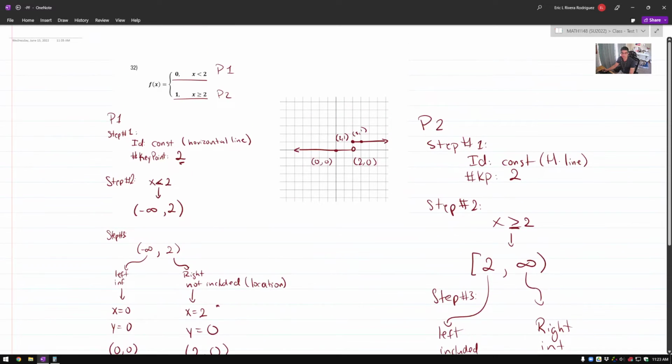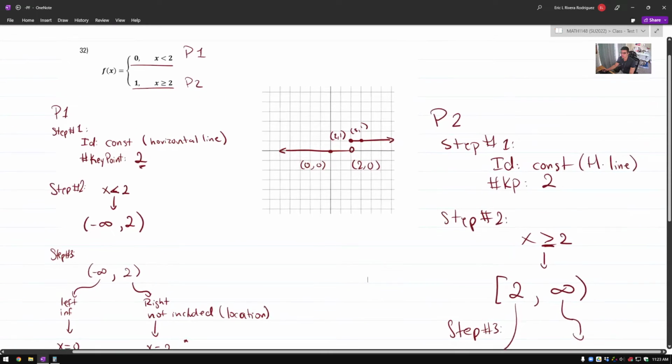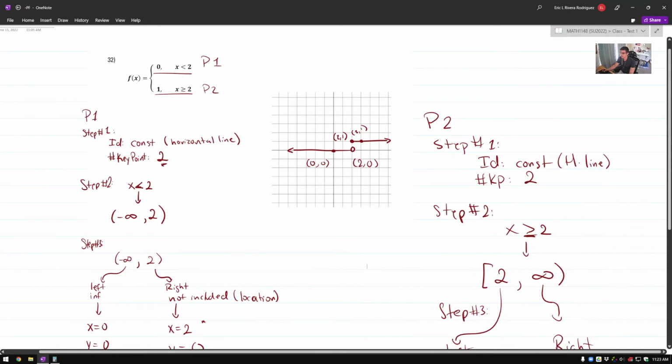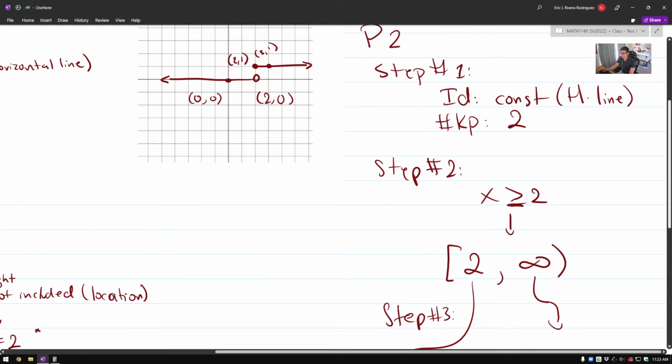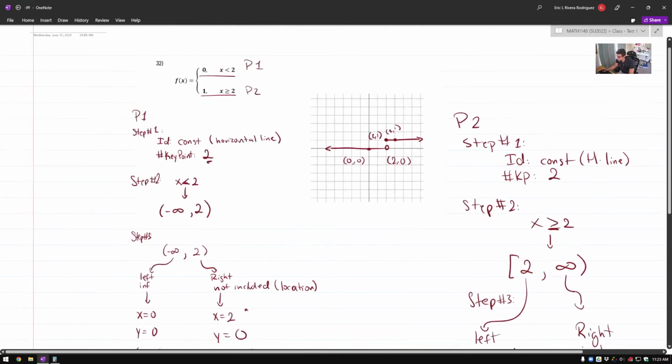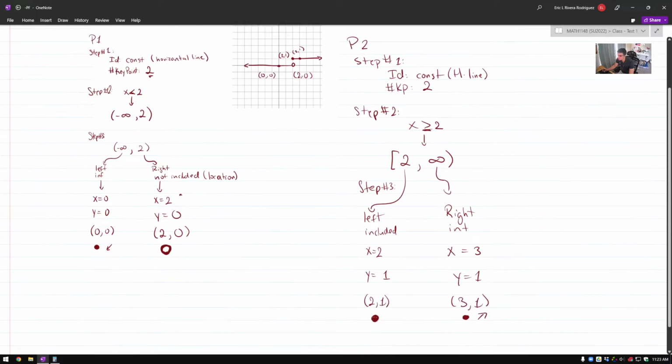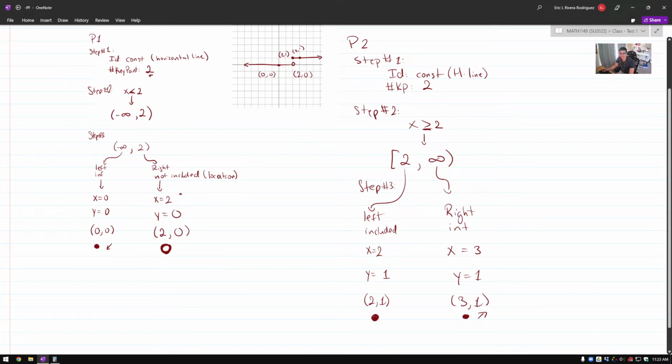Which part do you want to review? Oh, okay. Oh, yeah. Let me see if I can put it better for you. Can you see this well, or do you want me to zoom in? Okay. Yeah, sure.